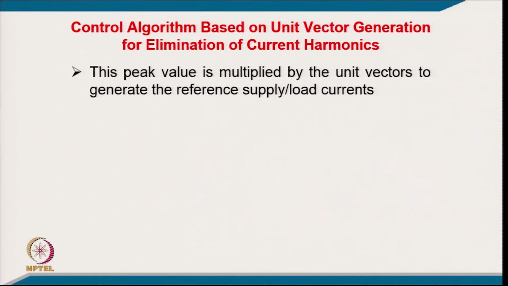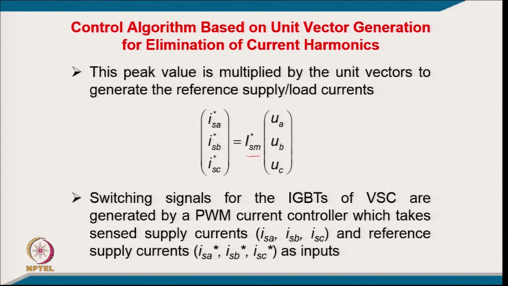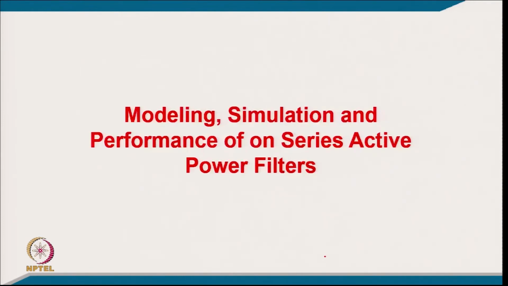The peak value is multiplied with the unit vector to generate the reference supply current. So, this is the template multiplied by the peak, and this gives the reference supply current. The switching signals for the IGBTs of the voltage source converter are generated by a hysteresis current controller, which takes the sensed supply current and the reference supply current as input.